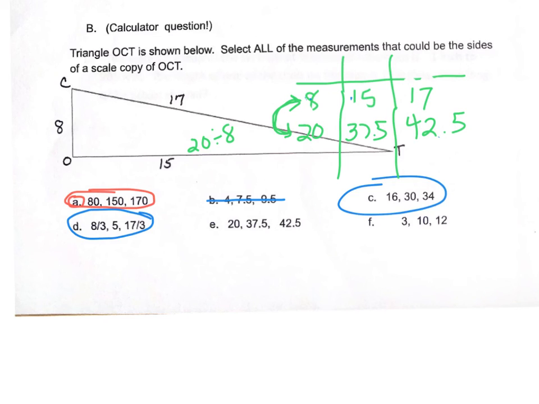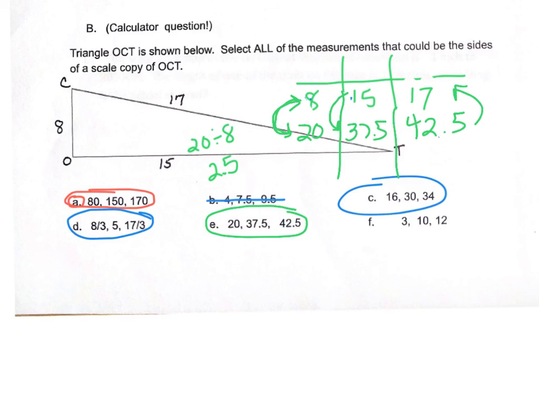If I do 20 divided by 8 on my calculator, I got 2.5. So let me check to see if I get the same thing if I multiply 15 by 2.5. I did get 37.5. And if I multiply 17 times 2.5, I do get 42.5. So we can find that scale factor by dividing if we can't recognize it in our heads.